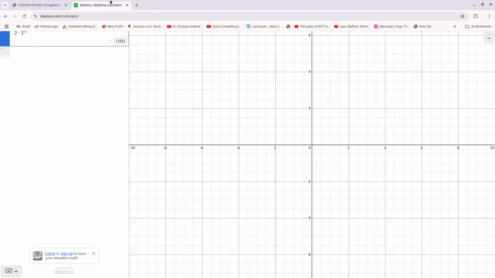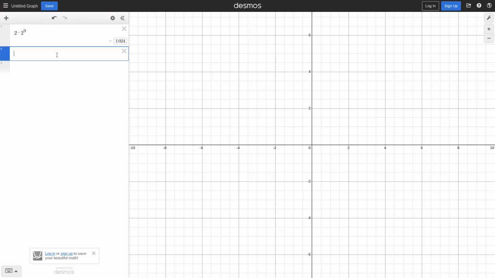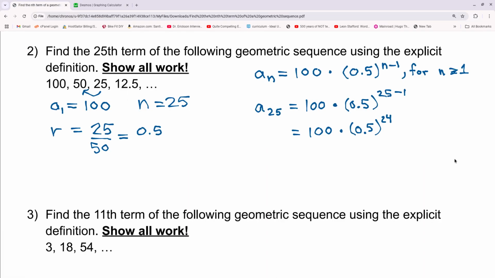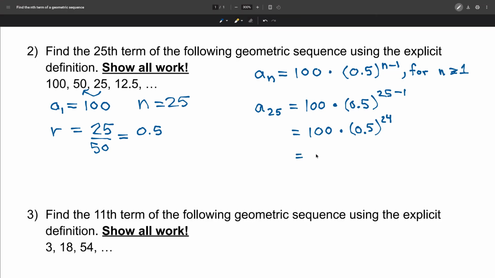which we could do on Desmos. So 100 times 0.5 to the 24th power, and we get, let's see, 5 zeros and 596. So a very small number, 0.1, 2, 3, 4, 5, and let's check.